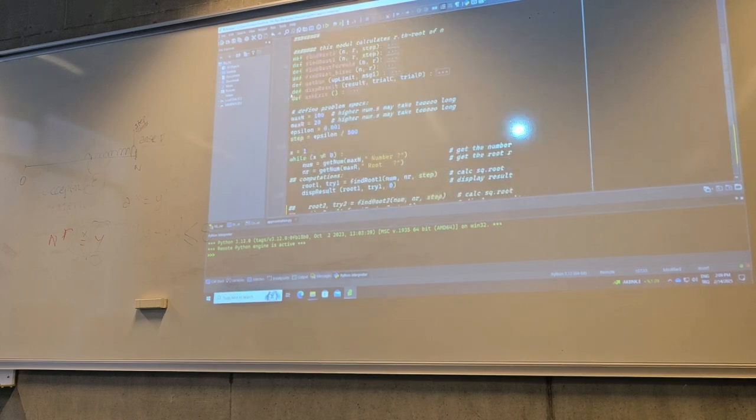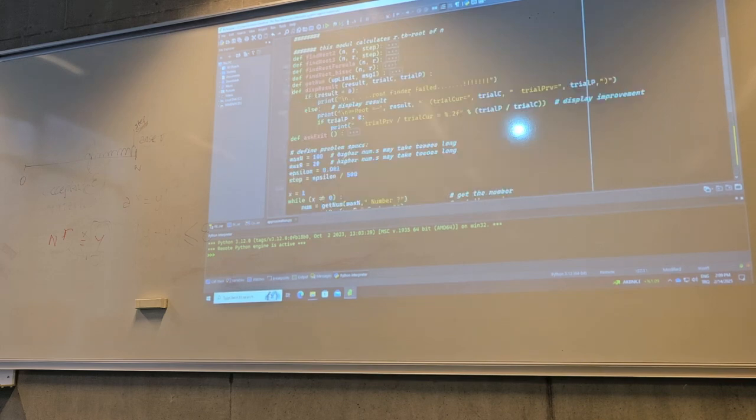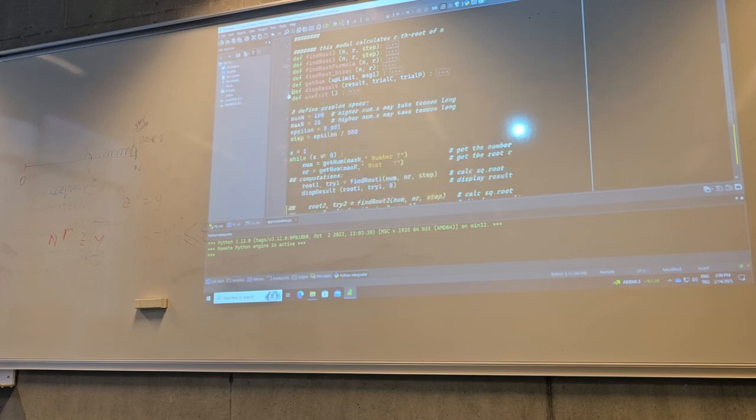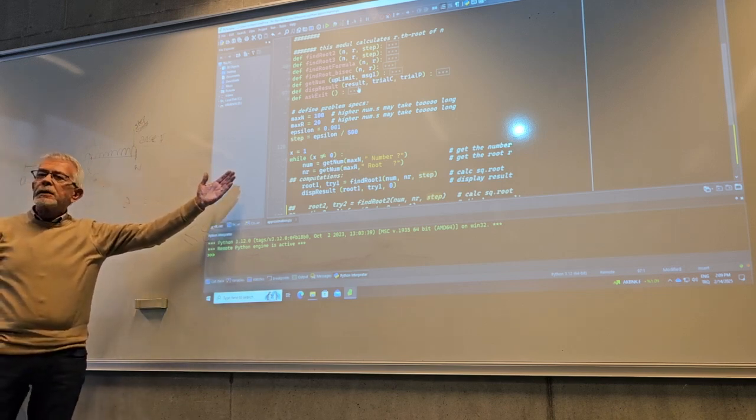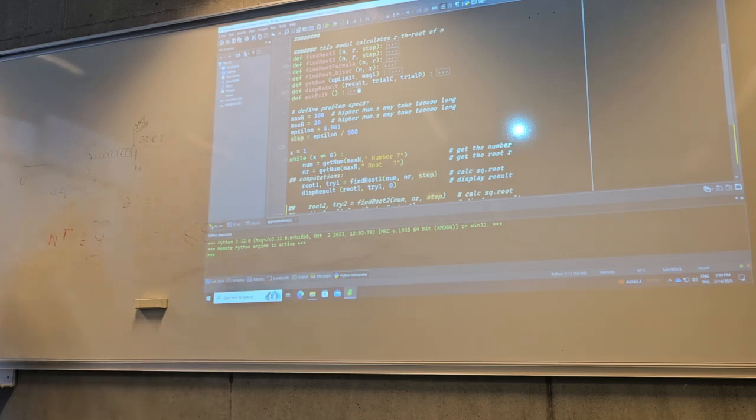It says the root is whatever, and if it is smaller than 0, that the root finding failed. It also displays the number of tries, how many times I tried to find that answer. Any questions about the program, about the algorithm? Great. If everybody understood, let's give it a try.